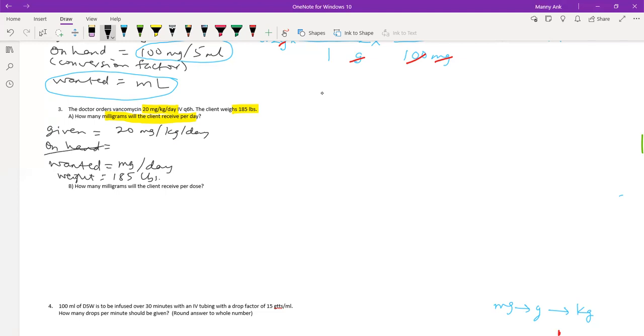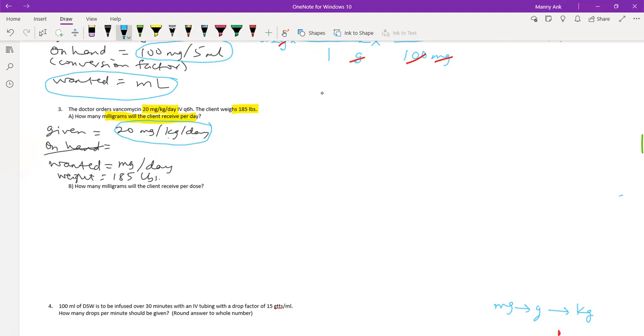So let's start setting up the problem. As I said, you always start with the given. This is an example of a three-factor problem, because you have three units here: milligram, kilogram, per day.